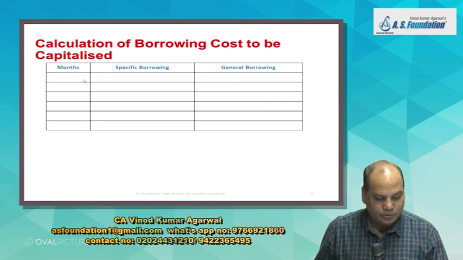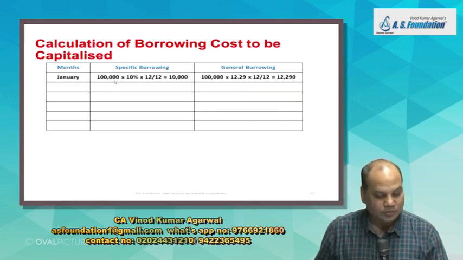Now, see, in January 2007, how much amount have you incurred? 2 lakh rupees. How much is the specific borrowing? 1 lakh. So first I will use the specific borrowing of 1 lakh. The specific borrowing rate is 10%, and the time is 12 months from January to December, because you've incurred the expenditure in January, which means you will take interest for the entire year.